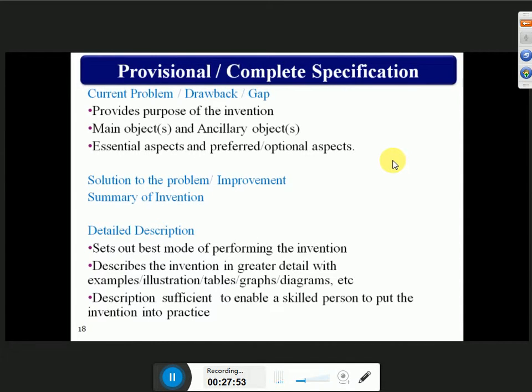So after identifying the current problem, drawback and gap, you can give the solutions to the problem. You can summarize the invention, and then, as I said, you must give detailed descriptions. Basically it sets out the best mode of performing the invention, that is, how you can perform it. You can describe your patent, that means your product, and so on.